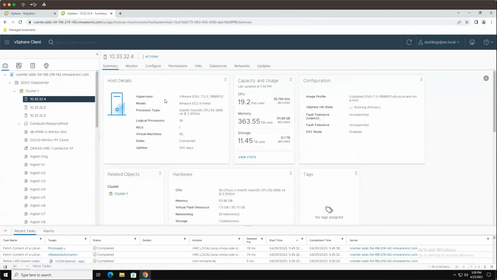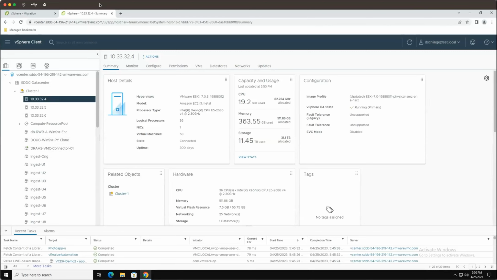So the host type you see here right now, the hypervisor is ESXi. So the model is Amazon and the i3 version of the host. And they are also running our virtual machines. So nothing fancy right now here.